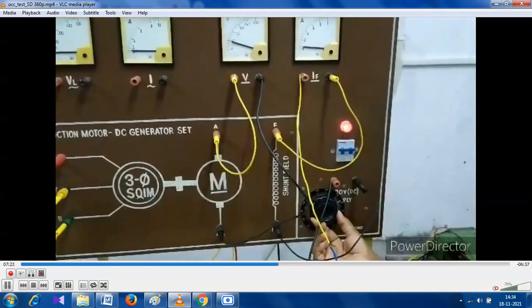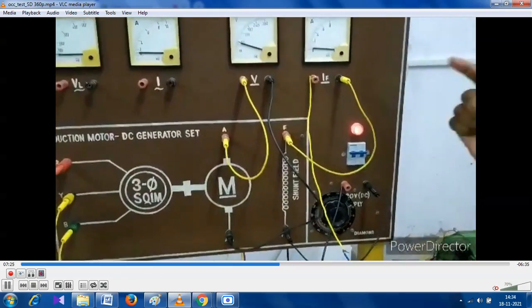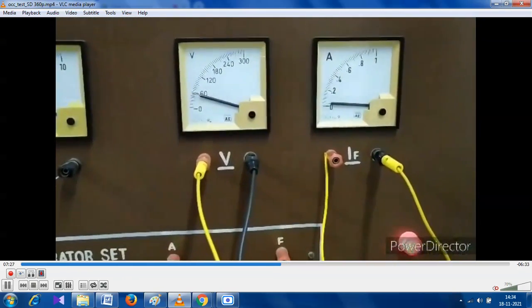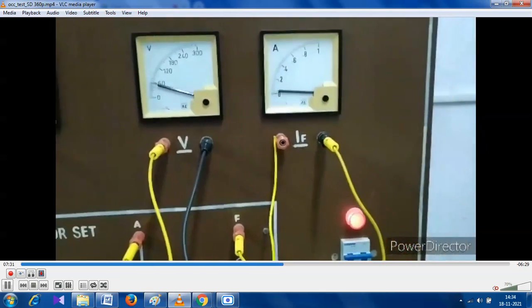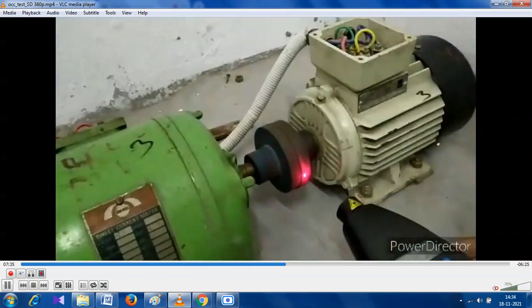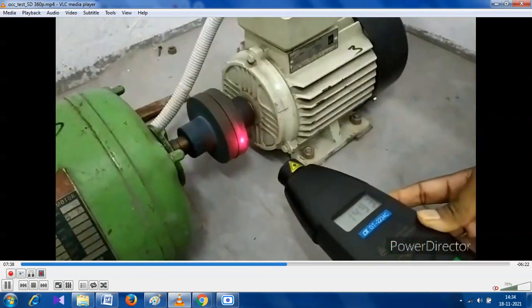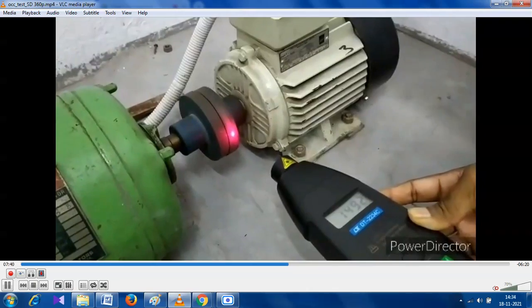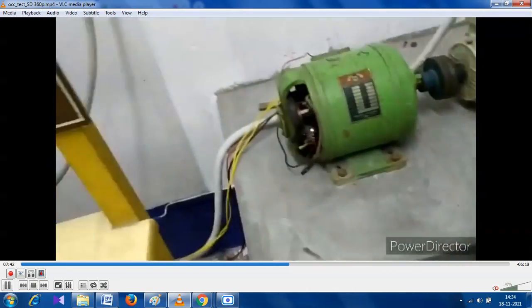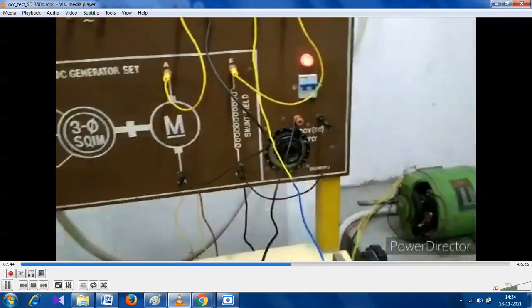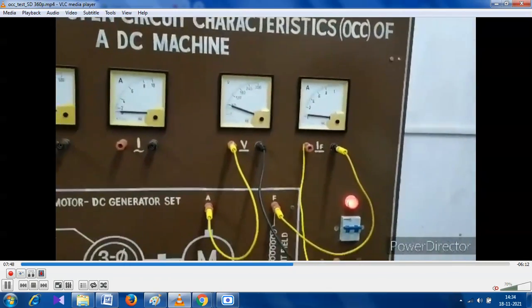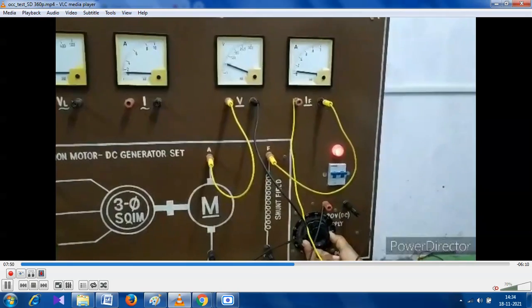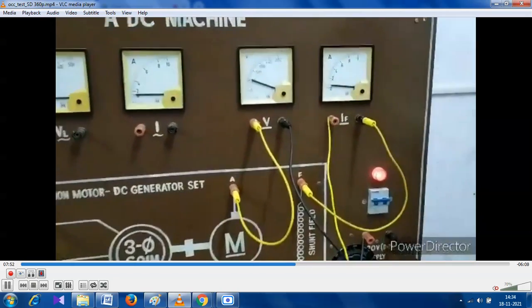Now in this process we have to just increase the field current from 0.02 to 0.04 and measure the speed. What is the speed at that time? 1492, and the speed of that system is always nearly constant, because the speed range is 1491 to 1493.